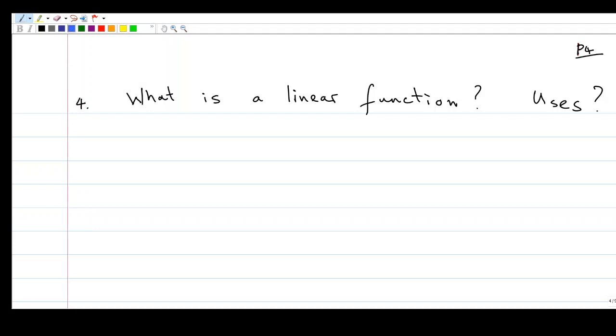So the form is f of x is equal to mx plus b, where m and b are constants.